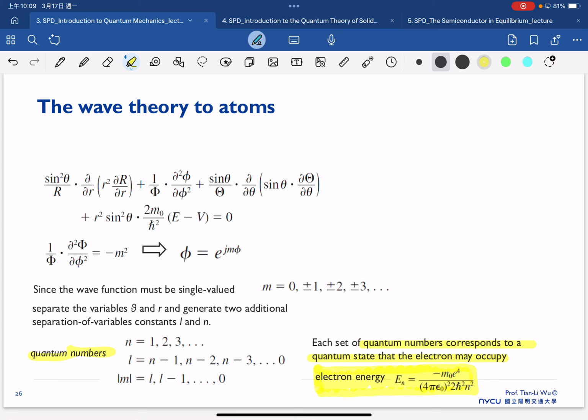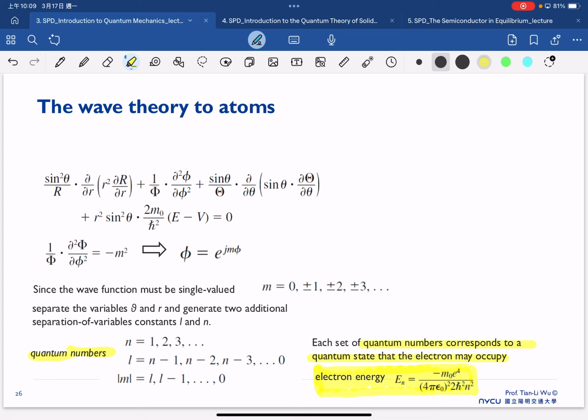So what does quantized mean? Actually, you don't have to think that quantized or quantum is very complicated physics. What quantized and quantum mean is just that your energy level can be counted as a discrete number.